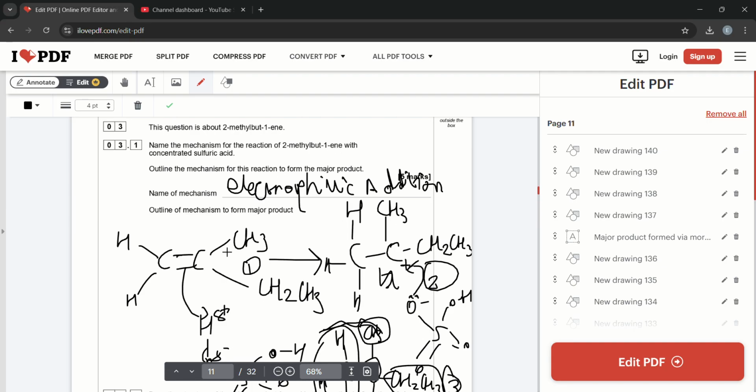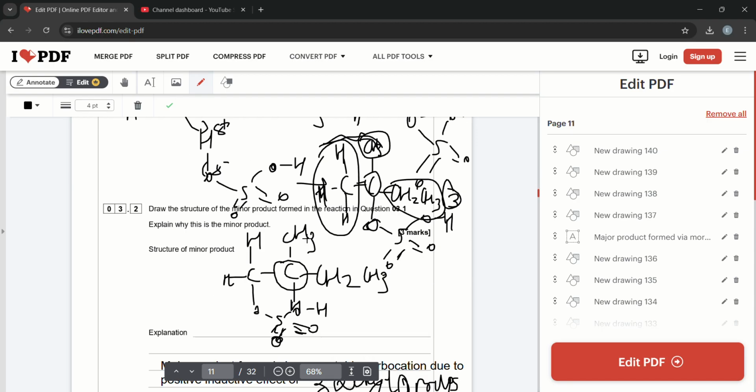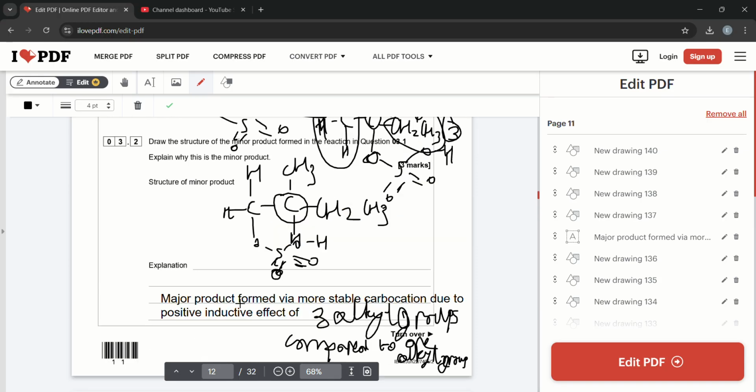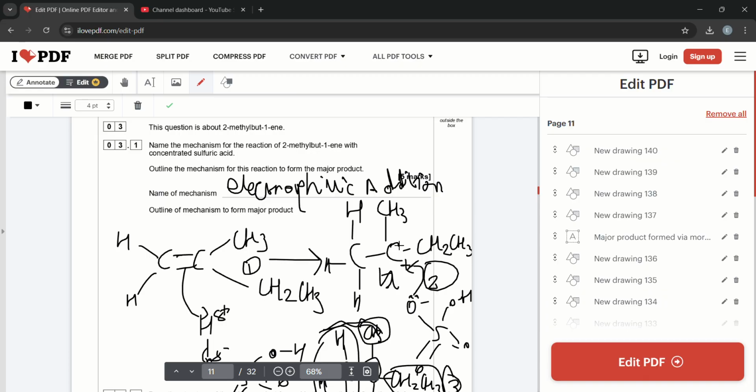Well, we know that we have CH3, CH3, CH2, CH3, right? So that's all it's going to be. But the key detail is that you need these bonds sticking out. You're going to have a hydrogen here, a hydrogen here. What's left? Hydrogen here, hydrogen here. We've got CH3, we've got a CH2 and a CH3.